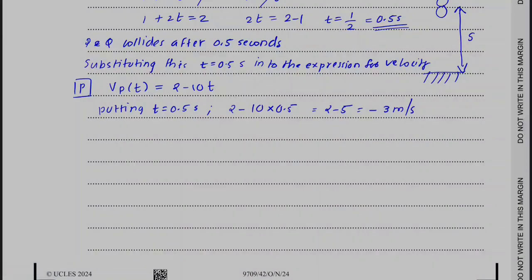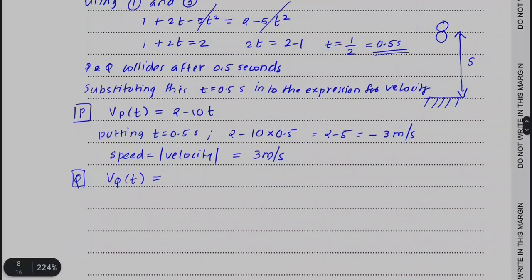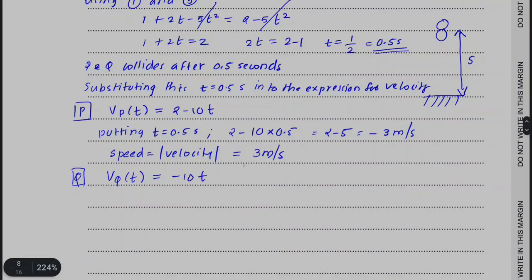Let's find the value of speed. Since speed is equal to the magnitude of velocity, we can write the speed as 3 meter per second. Similarly, considering the case of particle Q, VQ of t is minus 10t, which is equal to minus 10 into 0.5, which is equal to minus 5 meter per second.